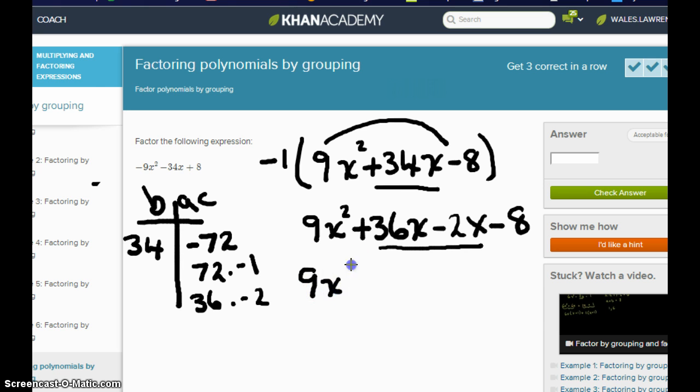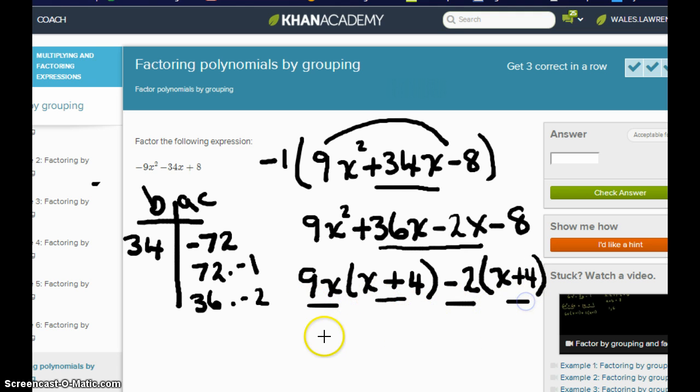I have 9x times x, and 9x times 4 gives me 36x minus, my coefficient here looks like 2, or my GCF looks like 2, x plus 4, and then I just rewrite, because I do have my common x plus 4, 9x minus 2 times x plus 4.